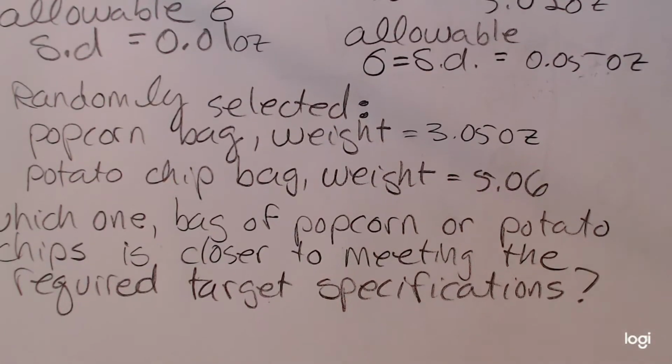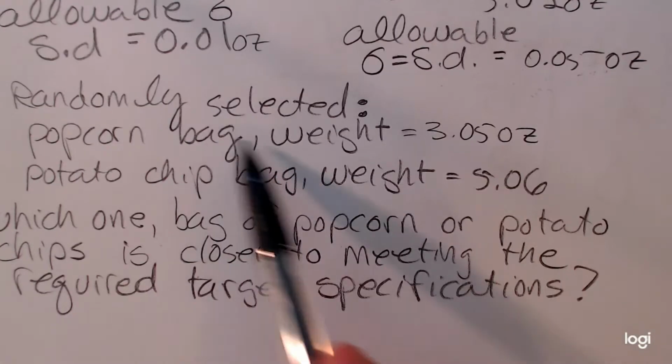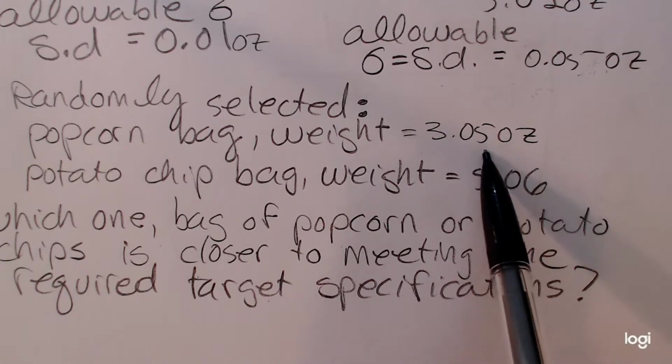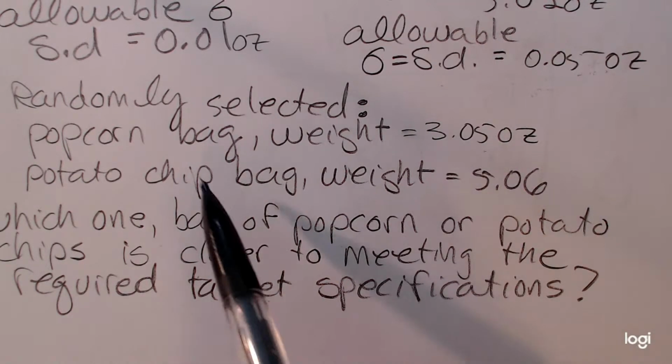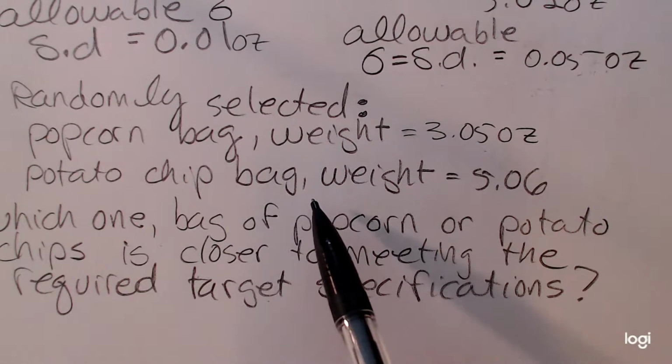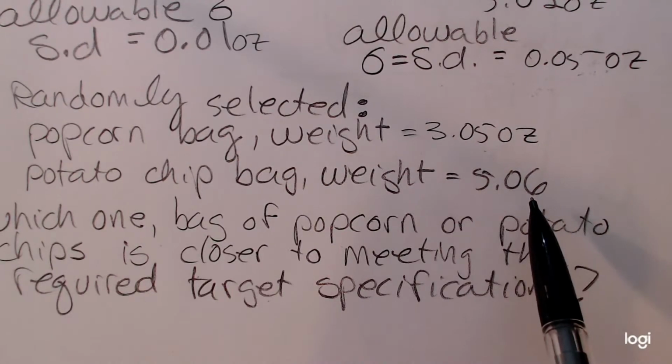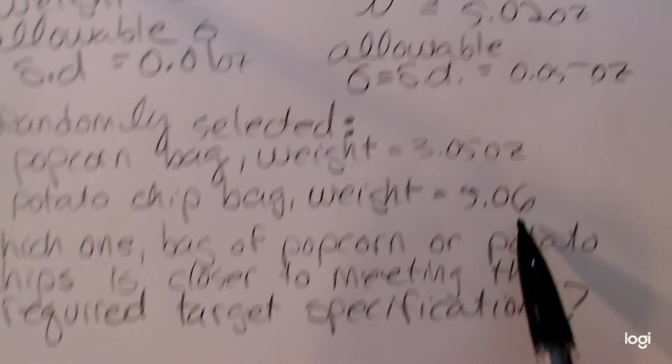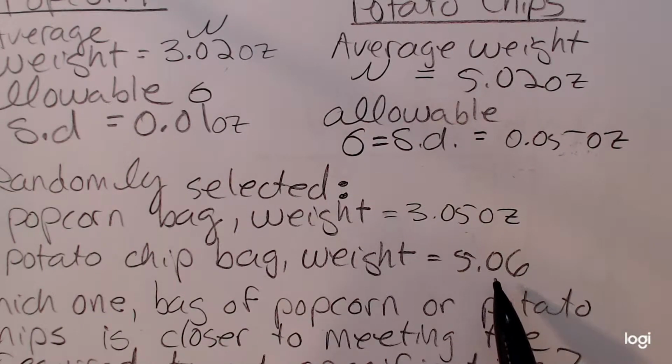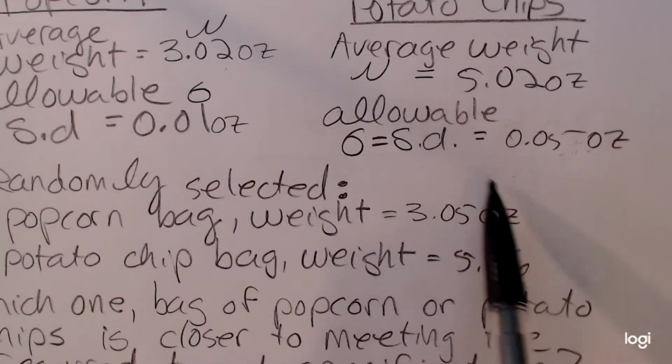So the popcorn bag that was randomly selected was 3.05 ounces, and the potato chip bag that was randomly selected was 5.06 ounces. If we look at these, they're both above the mean, which is great for the consumer, but they are distributed differently.